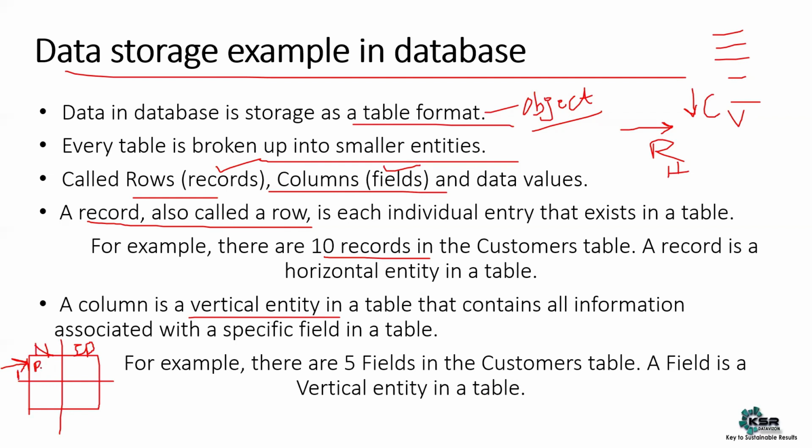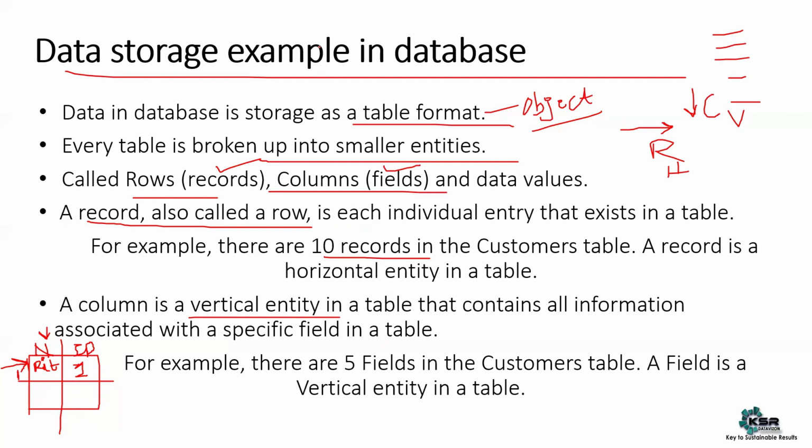Name can be some name, maybe my name, Ritesh, and ID can be one. Whereas in case of a column, the data type of a column is always similar. Why? Because it is stored vertically. So name is one column, ID is one column.